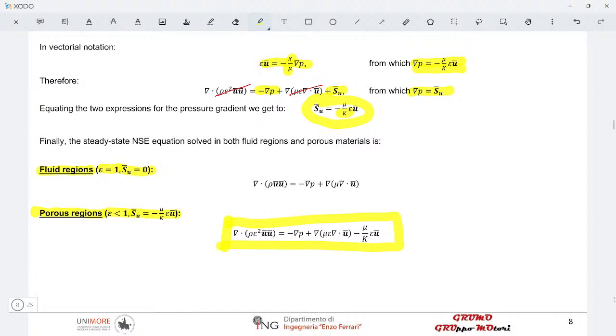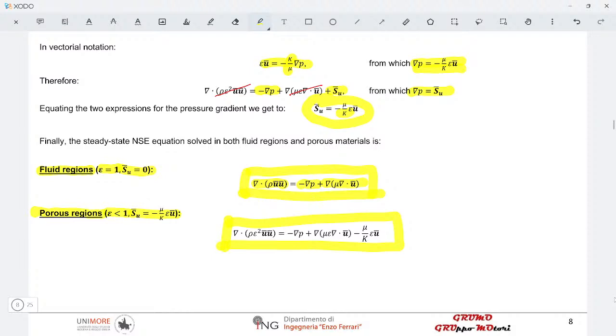Where we are out of the porous material, it will be equal to 0, and we recover the conventional steady state form of momentum conservation with no time-dependent term and no source term. Here we just have the momentum advection, diffusion due to viscosity, and pressure gradient. So the equation is just one.